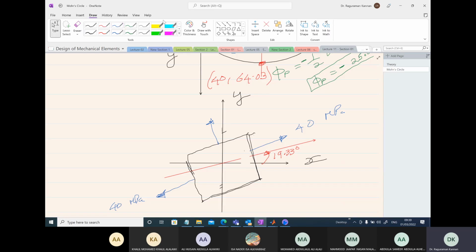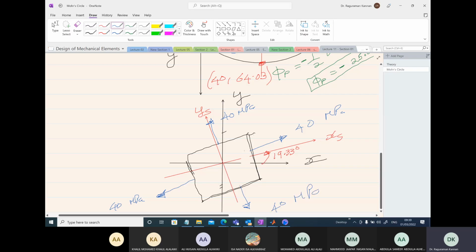By the way, this should be the direction xs, and the perpendicular direction will be ys. Okay, so we have the normal stresses.